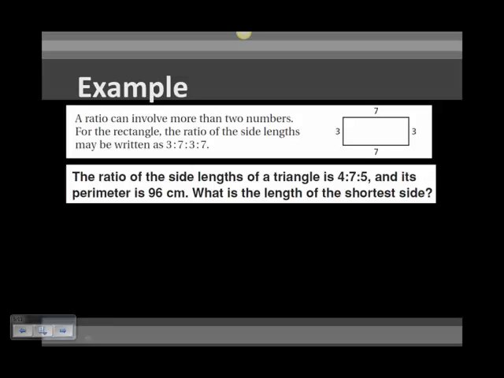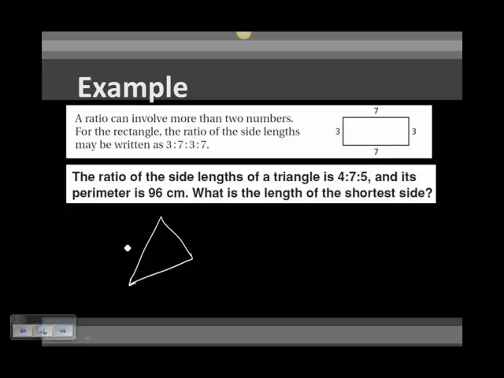So we have the ratio of side lengths of a triangle is 4 to 5 to 7, and its perimeter is 96. What's the length of the shortest side? Like we did in that other example, we reduced, but we don't know if it's 8, 14, and 10, or if it is 12, 21, and 15. We just know that the ratios would reduce to 4 to 5 to 7.